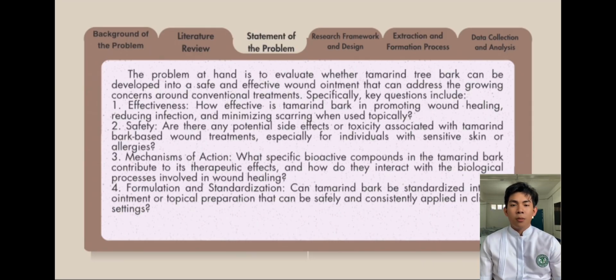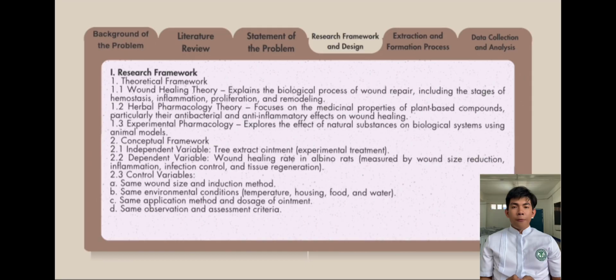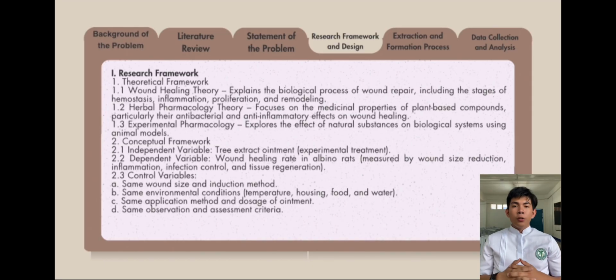To test the effectiveness of tamarind bark, we will conduct an experimental study using albino rats as our test subjects. Our research framework includes the theoretical basis, wound healing theory, and herbal pharmacology theory. The independent variable is tamarind bark extract ointment, and the dependent variable is wound healing rate.